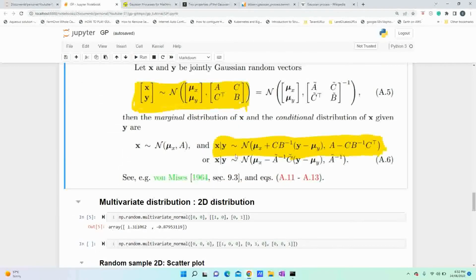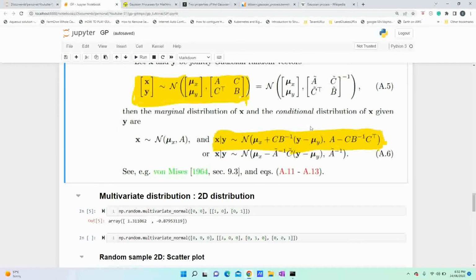There's a formula for it. This becomes the mean, and this becomes the covariance matrix. Ultimately what matters is that this is a Gaussian distribution and we have an analytical formula for tackling it.